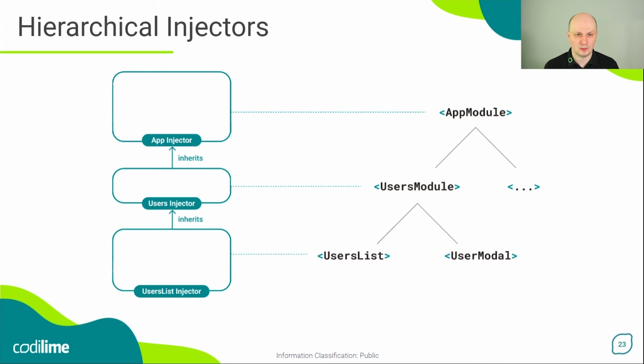Let me summarize what I already did. I prepared an app module component and users module component with users list and user model, and on app module, users module, and users list, I used provider function from react-ioc, which created the injectors.